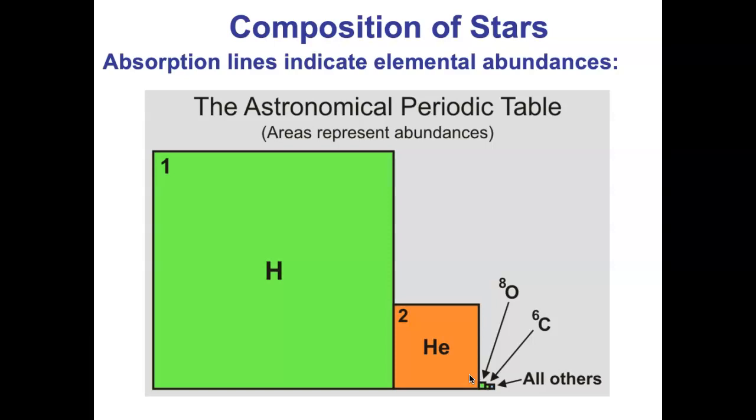In astronomy, we have a little bit of jargon where we take all of these minor elements in the stars and we lump them all together and we call them "metals." And I put metals in quotation marks because this means something a little different than when you talk about metals in a chemistry class. When you take a chemistry class, metals are like gold and copper and iron.